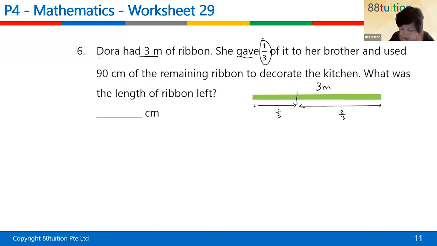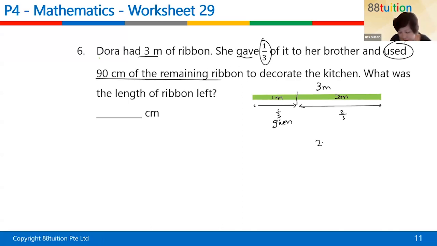So meaning to say you divide it into 3 parts. 1 meter is given to brother. So then he is left with 2 meters. Where's the 2 meters? From the whole thing here to here. So for the 2 meters, he used 90 cm of the remaining to decorate.